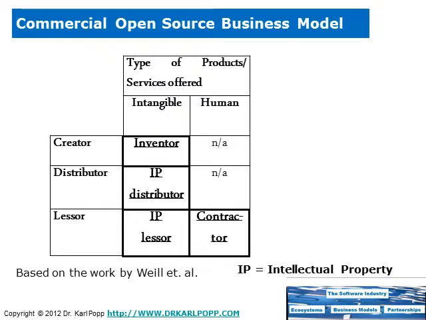By combining these two axes, you get to an inventor business of creating intellectual property or creating software, a distributor business, and also the business of giving licenses out for software or renting software, which is called IP lessor. In addition to that, you have human services that I mentioned before, creating maintenance and support services, implementation services for software, which is called contractor here.